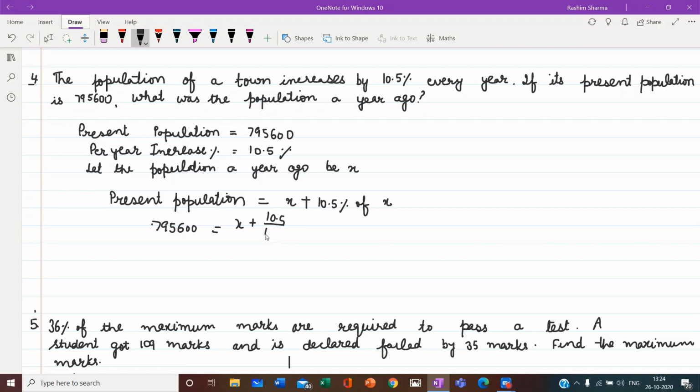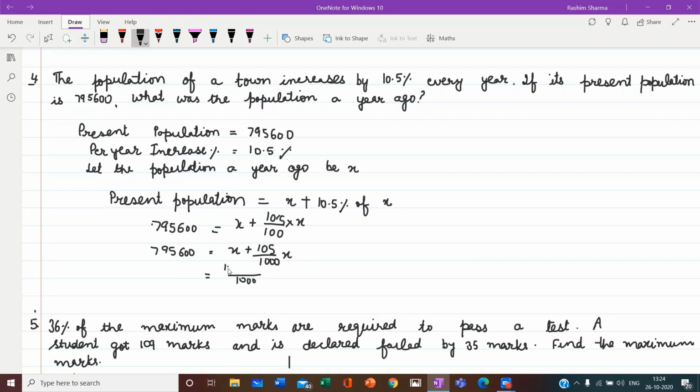When we remove the percent, we write upon 100 of X, means into X. Okay, so if we remove decimal also from here, we will get one more 0 in the denominator. So we get here X plus 105 upon 1000 X.